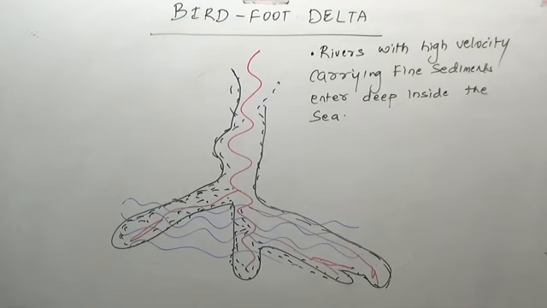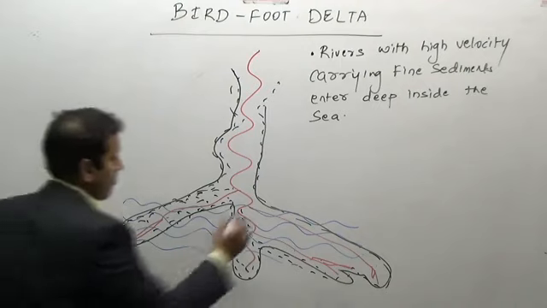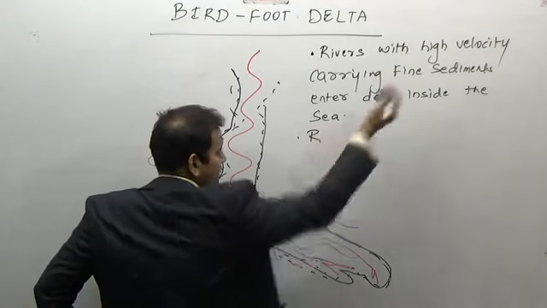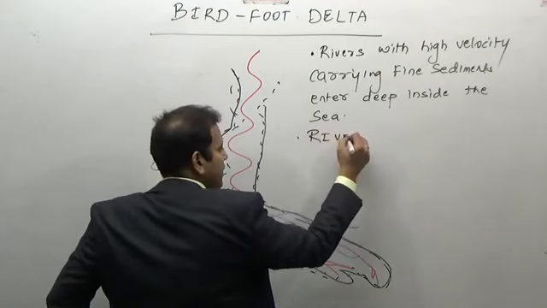Here the river water is not dense, but it is lighter than the sea water, because it is carrying fine sediments.